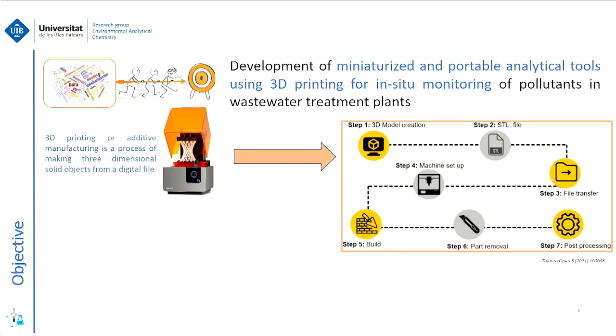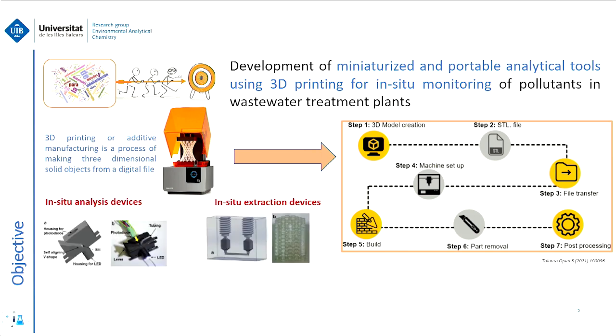For this kind of technology, we have two possibilities: an in-situ analysis device and an in-situ extraction device. The first one is analysis. We can make a spectrophotometer, for example, or we can make a device for extraction.